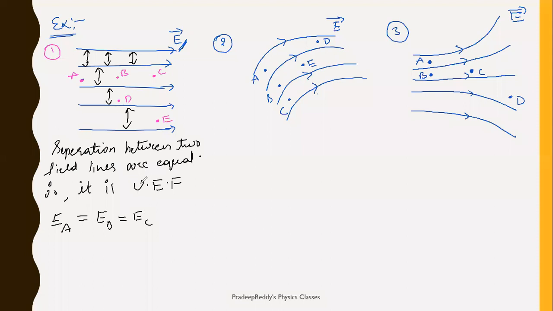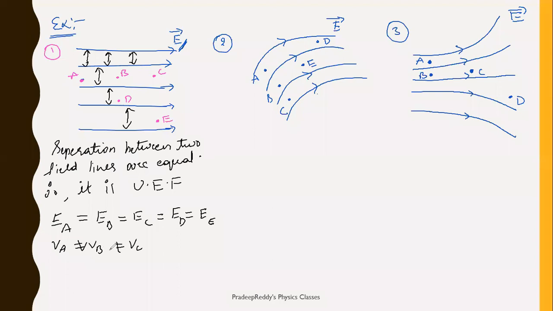Because this is uniform field, electric field at A and B and C are equal, and that is also equal to E at D, and that is also equal to E at E. So it is uniform electric field. Field is everywhere uniform, that is same. But potentials are not same. VA not equal to VB not equal to VC.